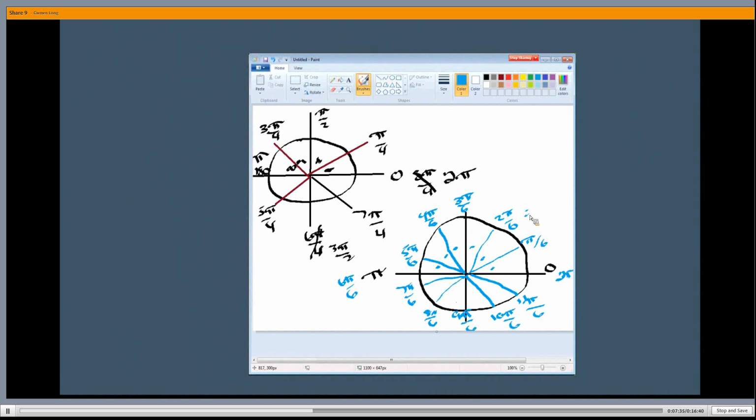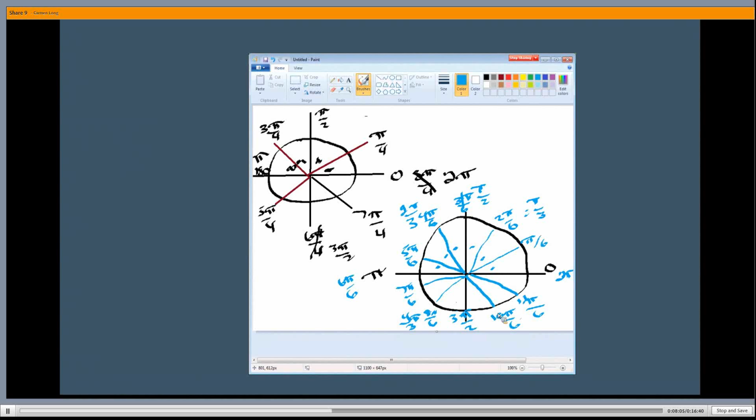So we can go back and reduce these. This is pi over 3, this is pi over 2, which we knew from before. This one's 2 pi over 3. And hopefully you're comfortable reducing 4 pi over 3. 9 pi over 6 reduces to 3 pi over 2.